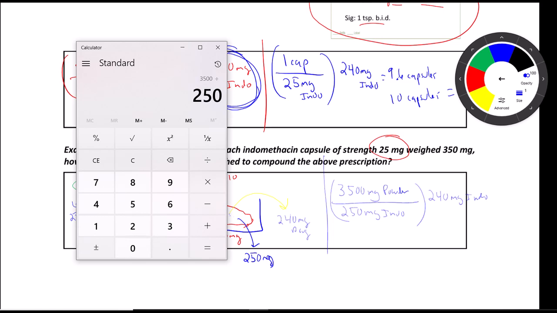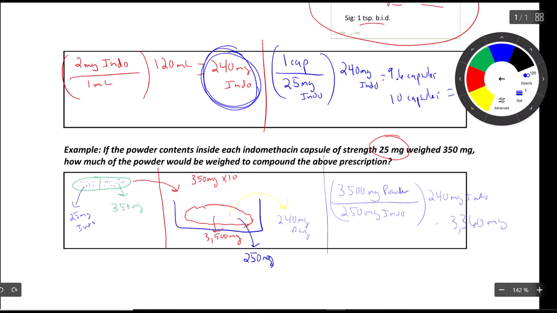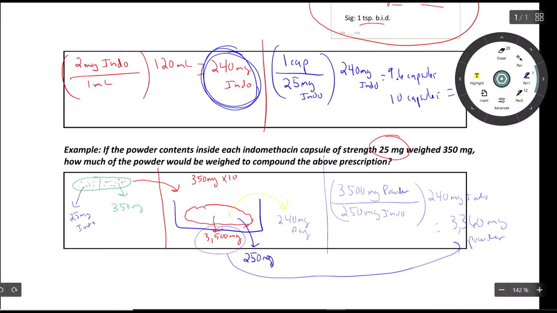So again, we know that the contents of 10 capsules weigh 3,500 milligrams. Inside of that, it has 250 milligrams of drug. If I only want 240 milligrams, I'd weigh out 3,360 milligrams of the powder. So notice there's 3,500 milligrams of powder sitting in there, but I'm only going to take out 3,360. In that 3,360 is where I'm going to get my 240 milligrams of drug, which is what I needed.